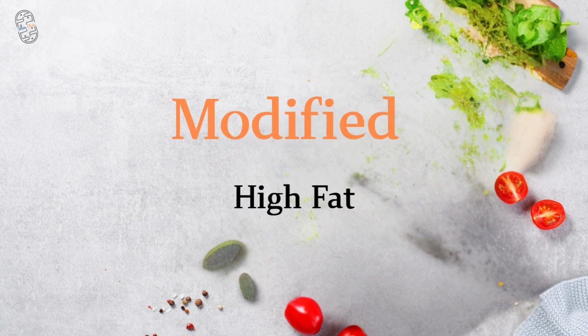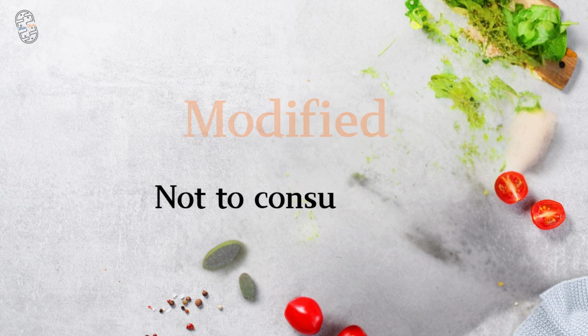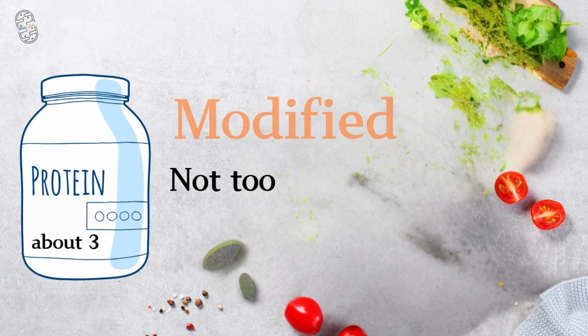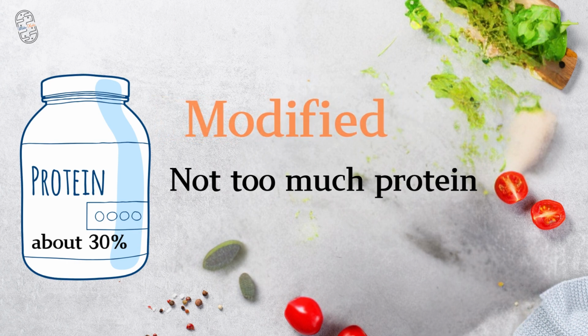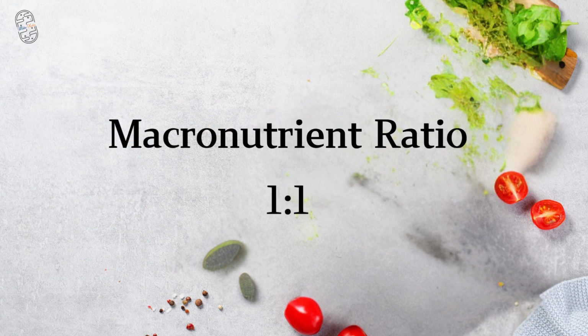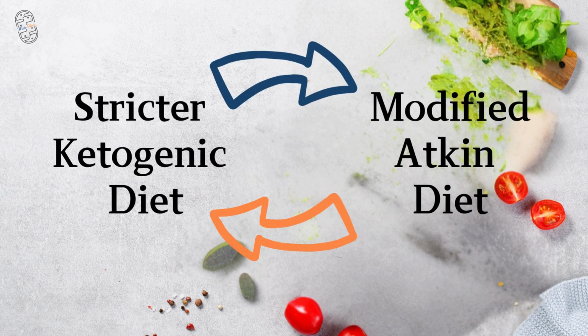On top of that, the modified Atkins diet also encourages people to not consume too much protein, limiting to about 30% of calorie intake. The modified Atkins diet typically carries approximately a 1-to-1 macronutrient ratio. Thus, it is often used as a transition onto or from a more strict ketogenic diet.